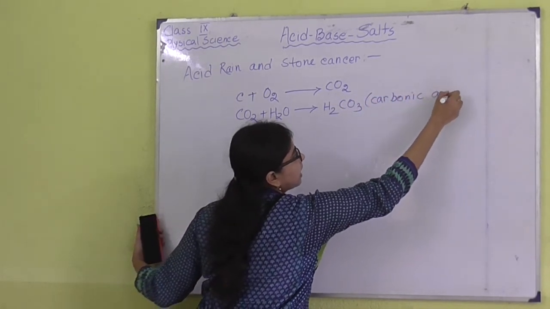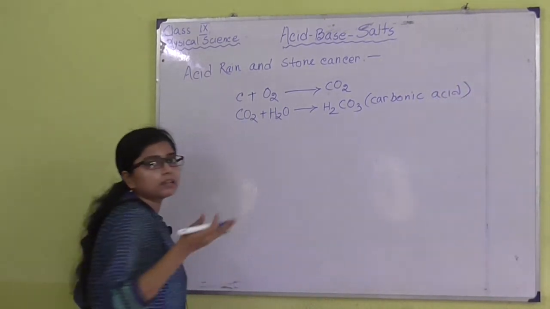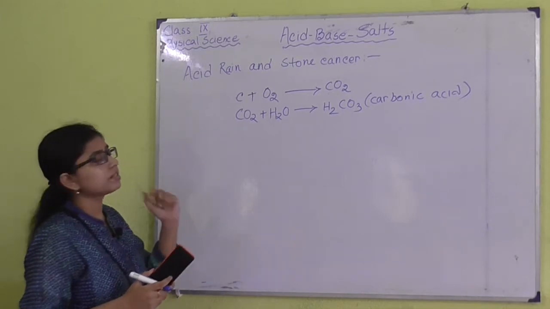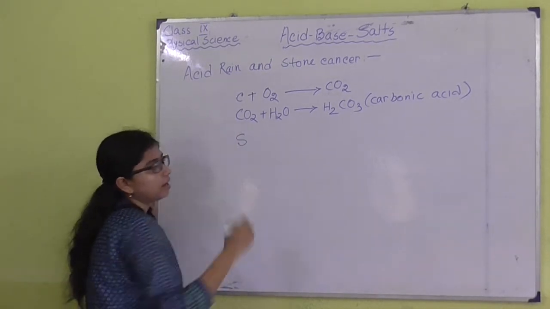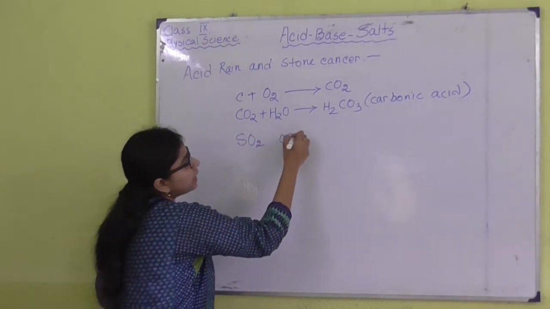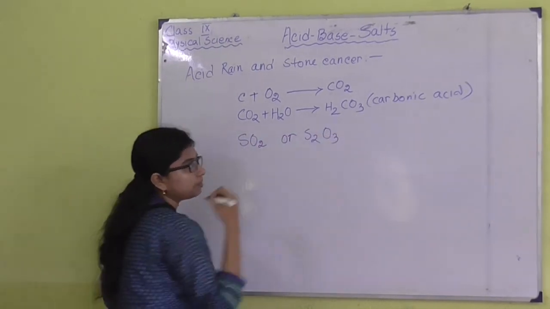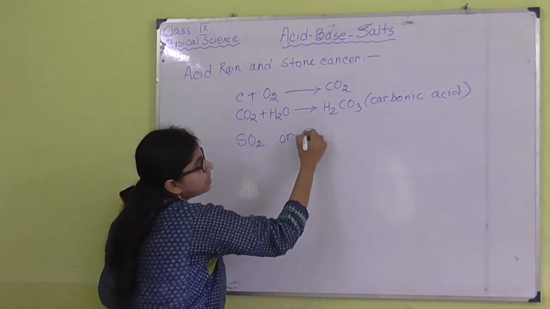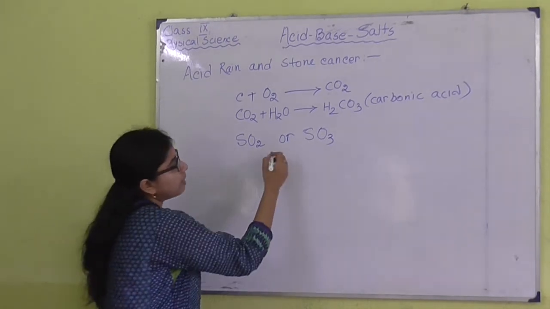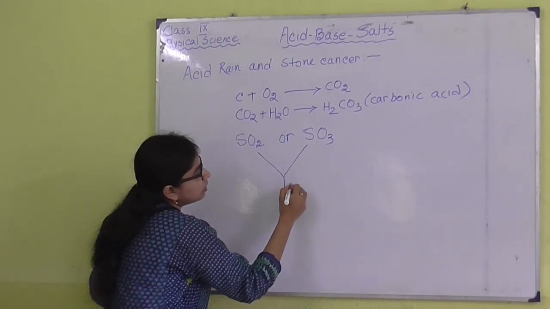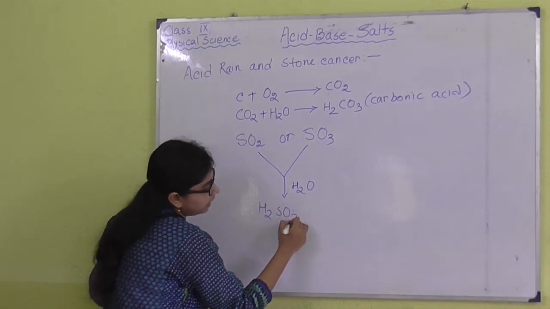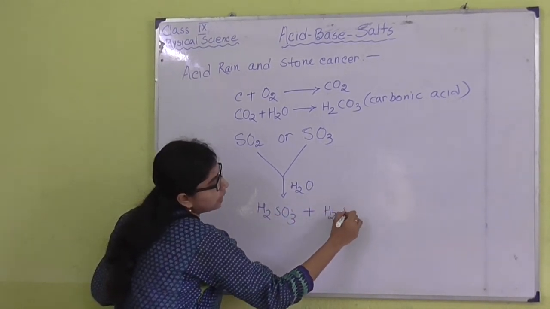So, carbonic acid can also make the rain acidic. Now, apart from carbon, nitrogen, oxygen, we have sulfur also, in sulfur dioxide form or in sulfur trioxide form. Sulfur trioxide means SO3. So, if SO2 or SO3 combine with water, they also can form H2SO3 as well as H2SO4.